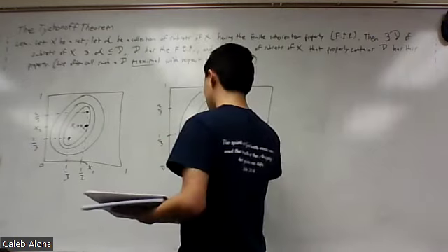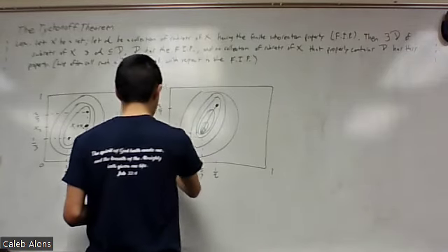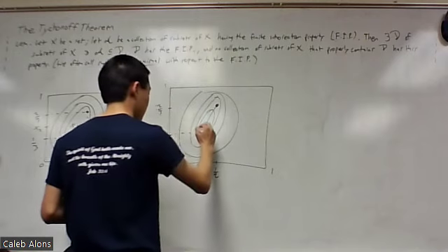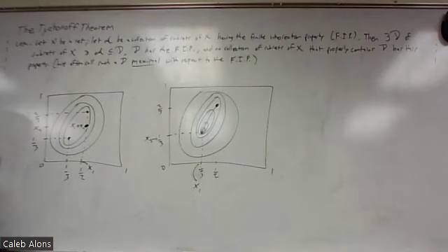That's going to force me to choose my x1 to be here and my x2 to be this one. And so that point x1 cross x2 is always going to be inside of the finite intersection.